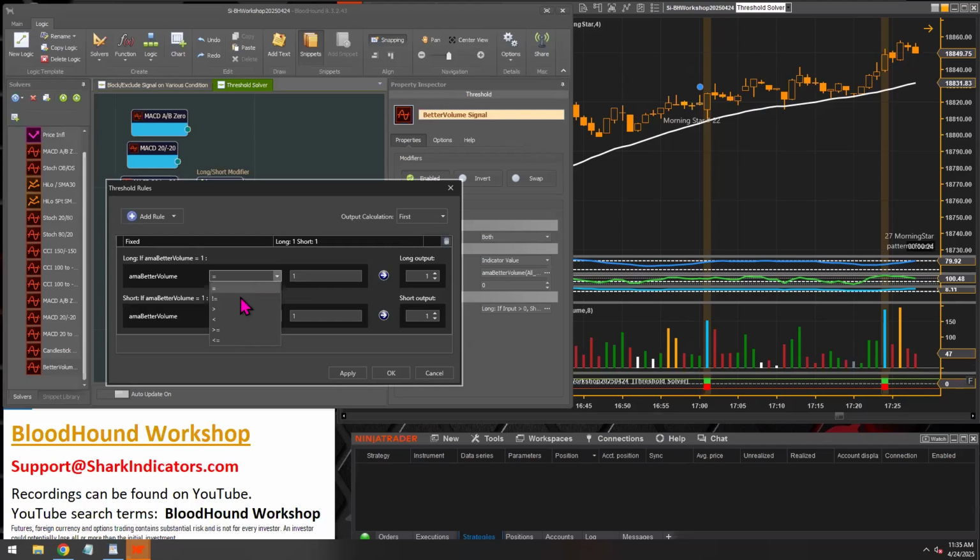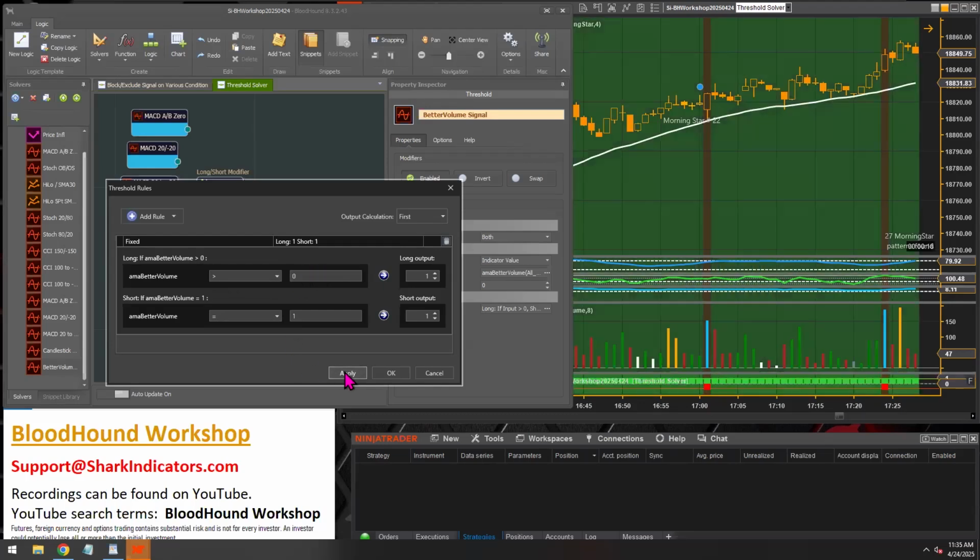Because each color is assigned a specific numeric value. So if I said, let's look for something greater than 0, if I hit apply, we get a long output on every single bar, right?